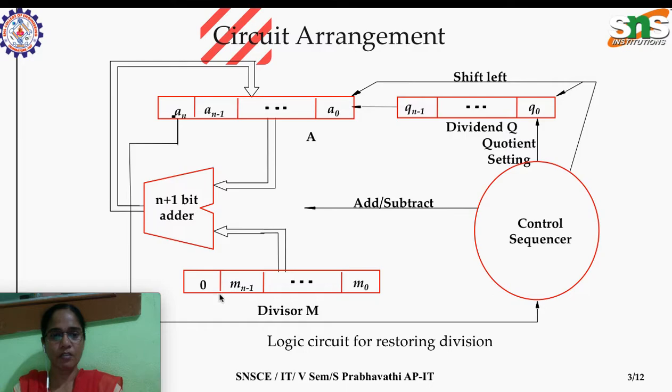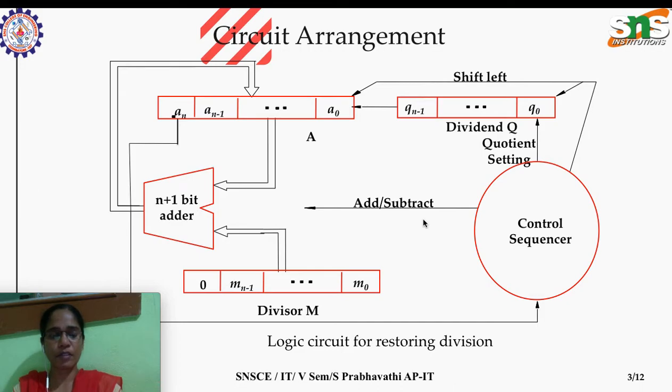So if we have a divisor of n bits, we will have n plus 1 bits in the register M, and also in the accumulator. The extra 1 bit we will use to carry the sign indication. In the restoring algorithm we are doing both addition and subtraction. We perform addition when we need to restore the dividend: we put back the 3, so -1 plus 3.